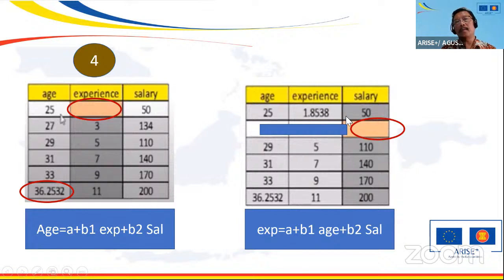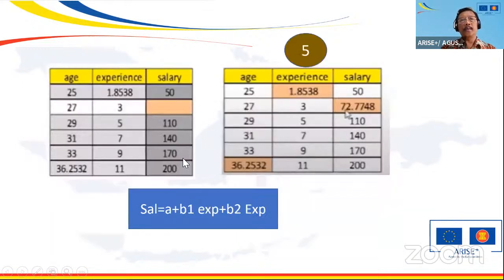And then next, we estimate the missing salary value, again the same thing, using the same regression, where salary is a function of age and experience. So we have complete numbers now, complete data now. But this is not all. This is just the first iteration.